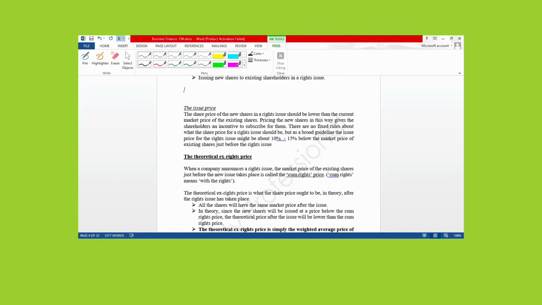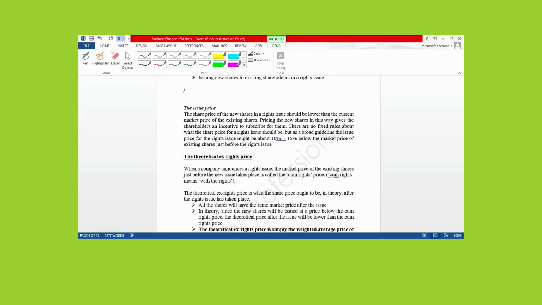It is what the share price ought to be in theory after we have completed the rights issue. For all the shares, both the existing shares and the new shares, we have a price.